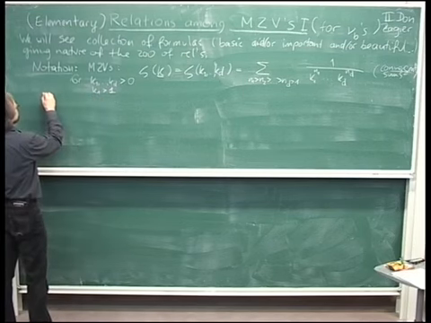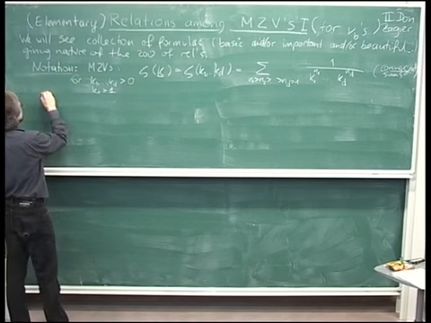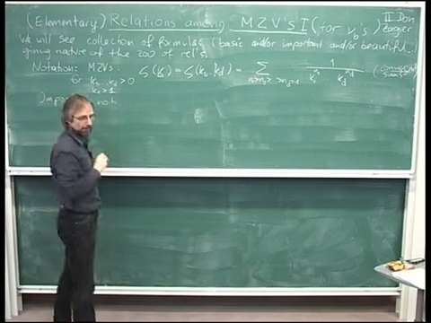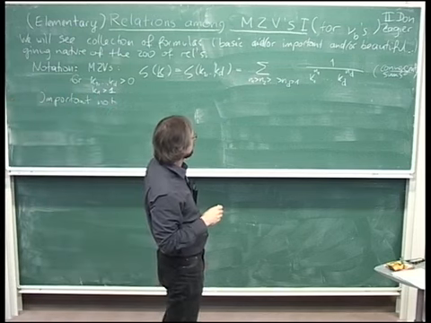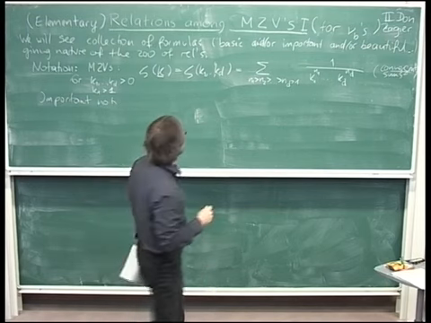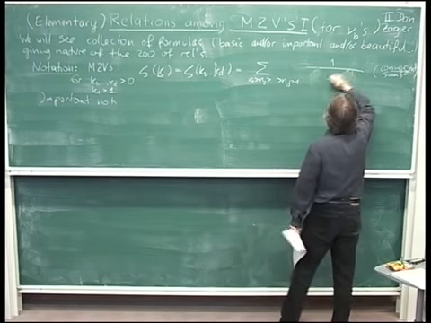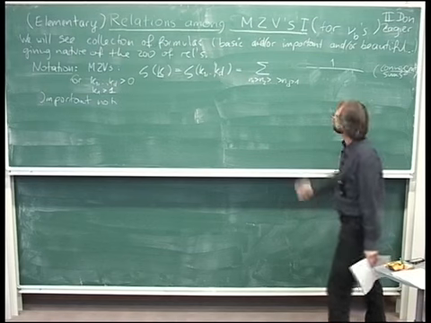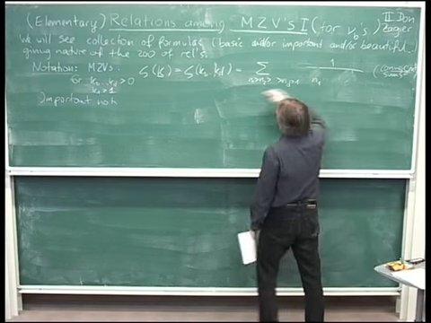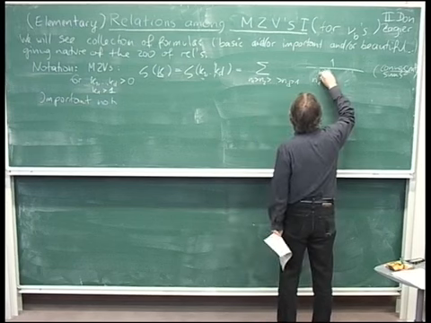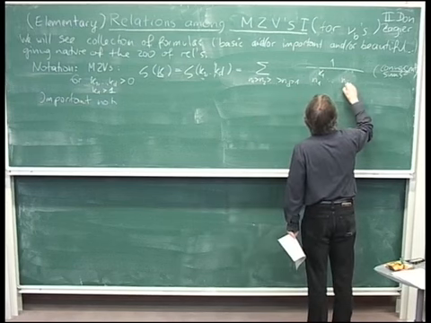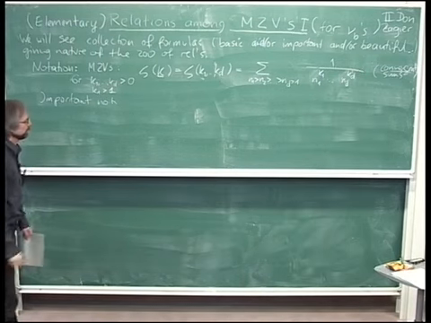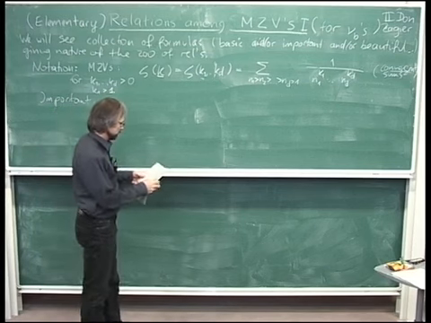Okay, now the important notions you've also seen. Just recall. So these are the exponents, and the n's are the integers over which we sum.